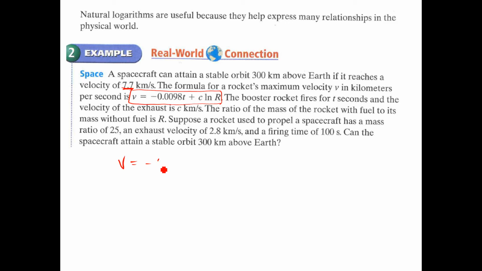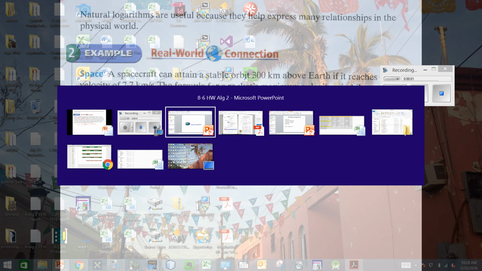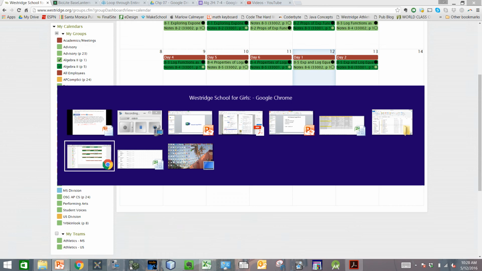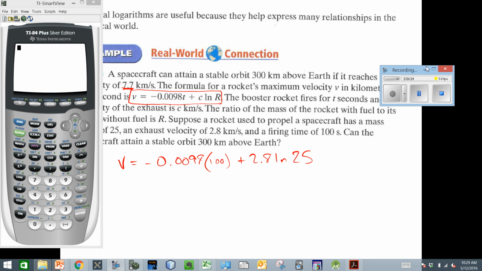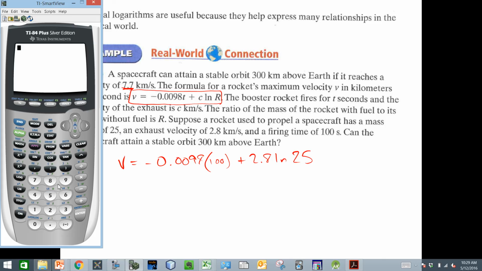Let's plug it in and find out. V equals negative 0.0098. The time in this problem was 100, plus c was 2.8 times the natural log of 25. All right, into the calculator we go. Let me actually pause this for a second and I'll bring up the calculator. So let's plug this in.